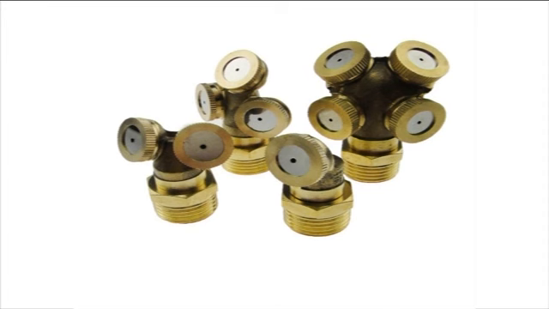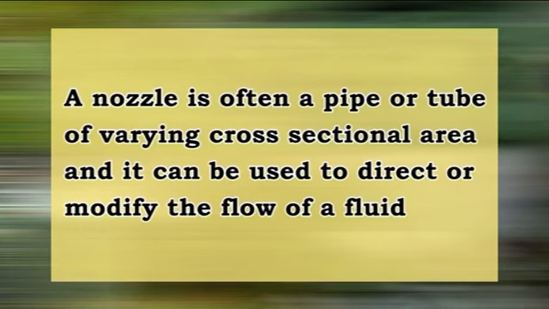Next, moving on to nozzle. A nozzle is a device designed to control the direction or characteristics of a fluid flow as it exits an enclosed chamber or pipe. A nozzle is often a pipe or tube of varying cross-sectional area and it can be used to direct or modify the flow of a fluid.